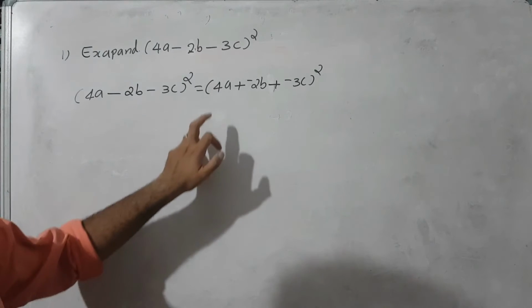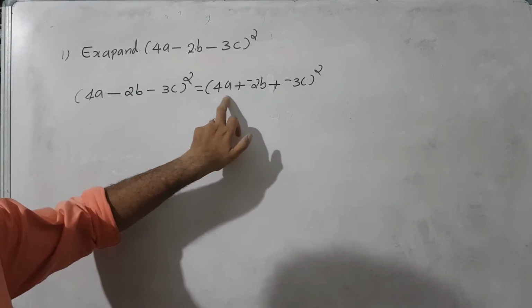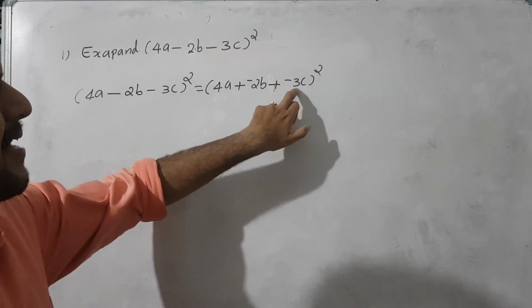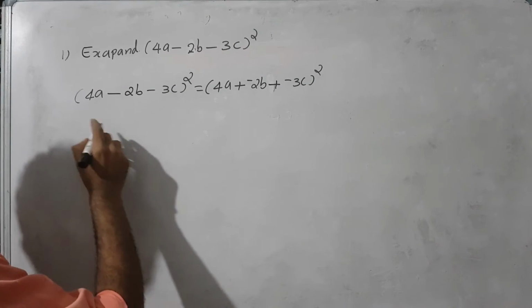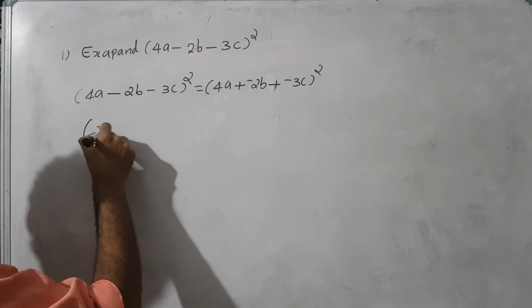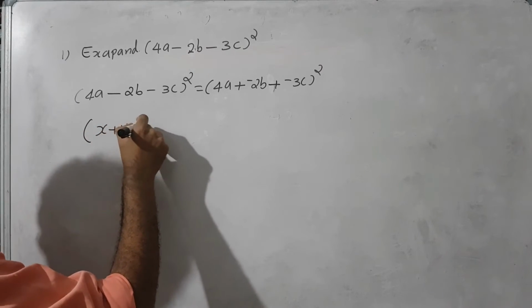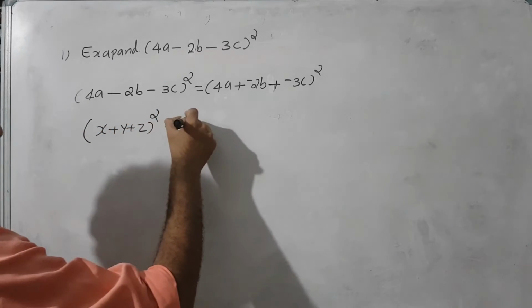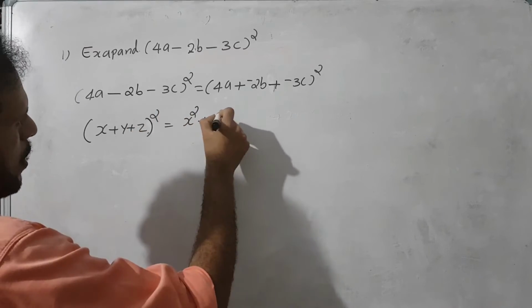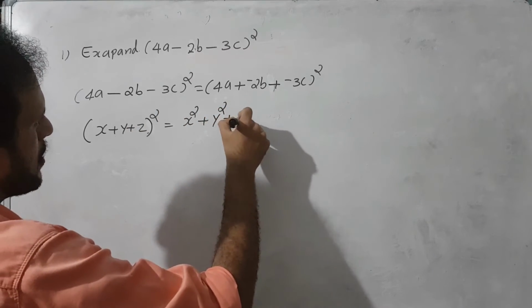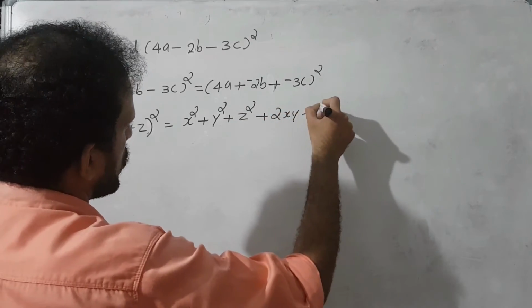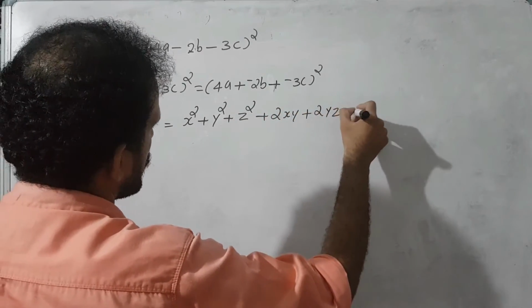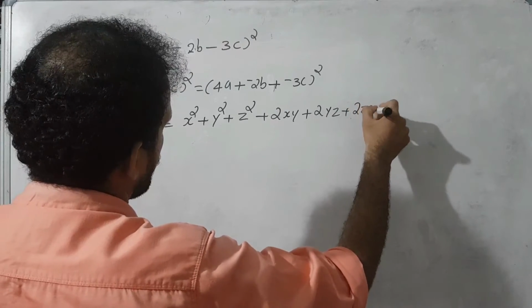Now it's very clear this one is in the form of the fifth identity, (x + y + z) whole square. Correct? So it's possible to identify the identity. Then we write that one: (x + y + z) whole square is equal to x square plus y square plus z square plus 2xy plus 2yz plus 2zx.